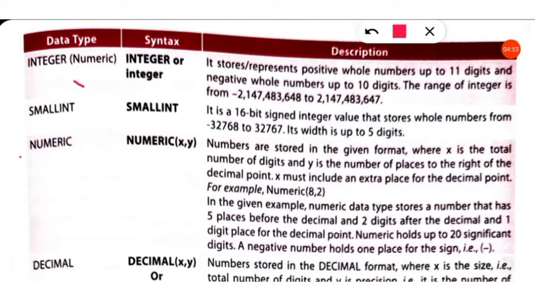Suppose I want to store salary of a person. If I write here 20,000.00, usually we write like this. If I give numeric data type, then I write numeric and in brackets I have to specify x comma y. x is the total number of digits.